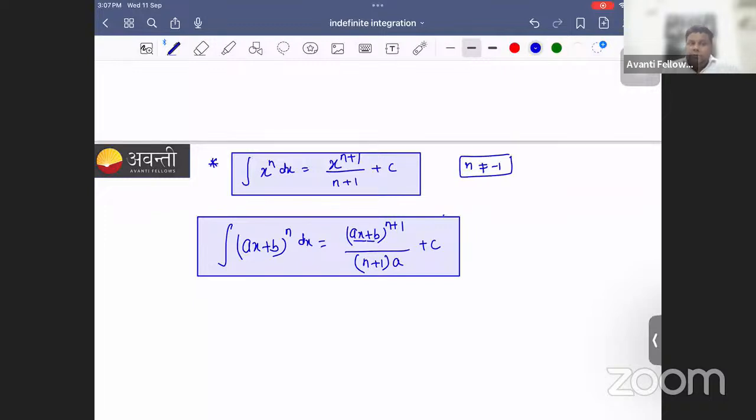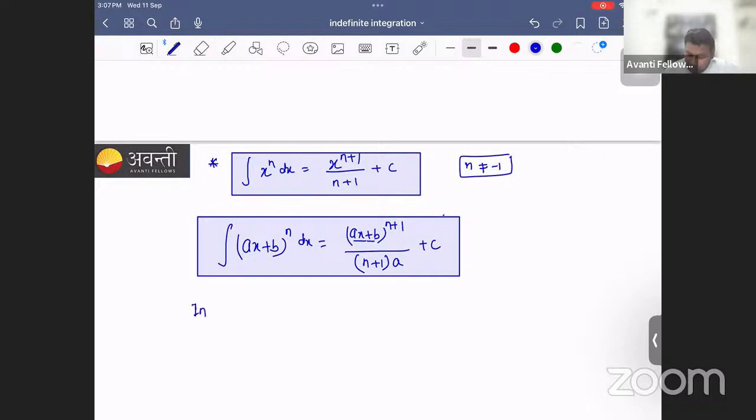So remember one thing. While applying the chain rule in integration, you only apply the chain rule on a linear function because its derivative is constant. Got it?